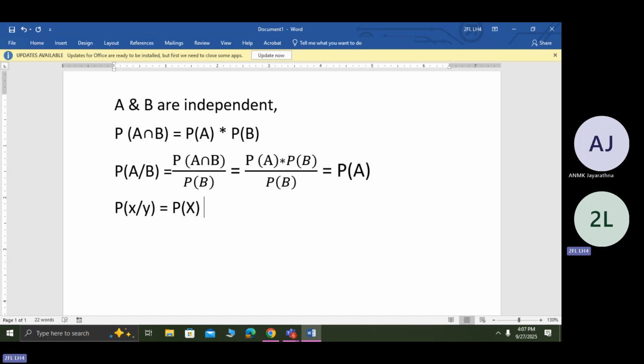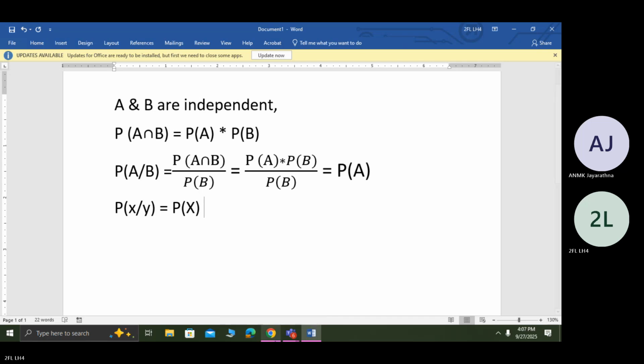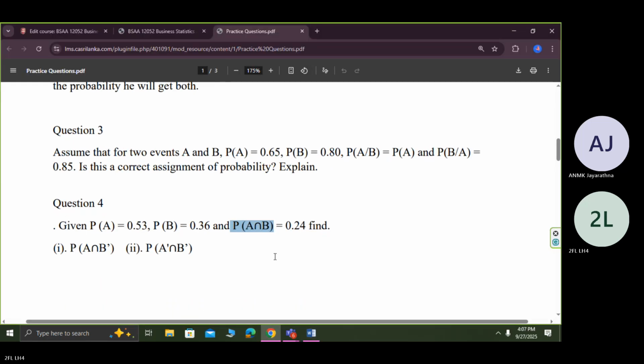Then if the scenario is not specifically saying these two events are independent, you cannot use these conditions. ඒක කියලා නැත්නම් specifically මේ events independent කියලා you cannot use. Understood? Okay? Then try question number 3 here.